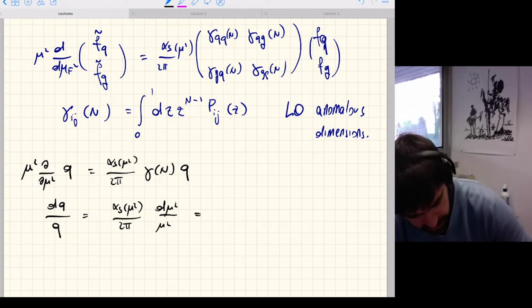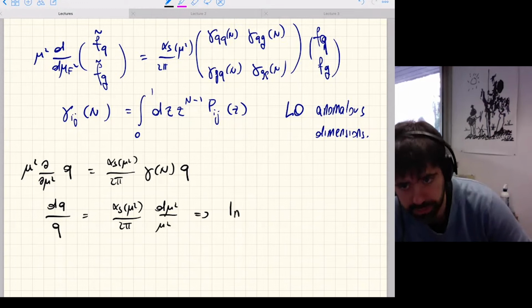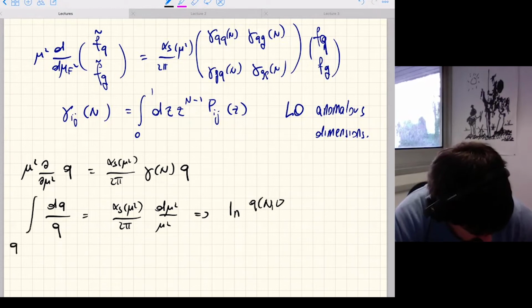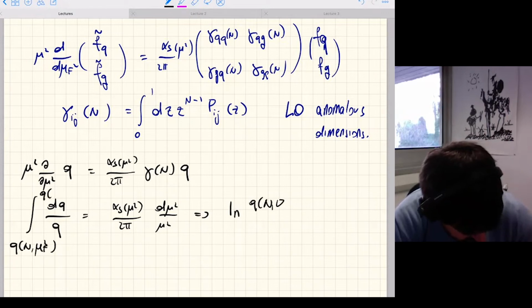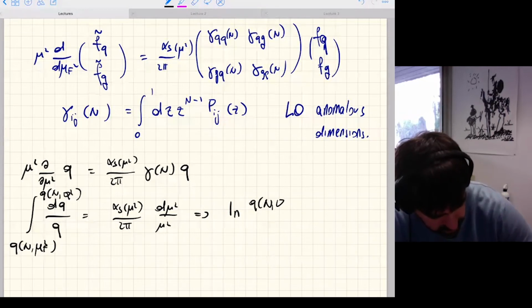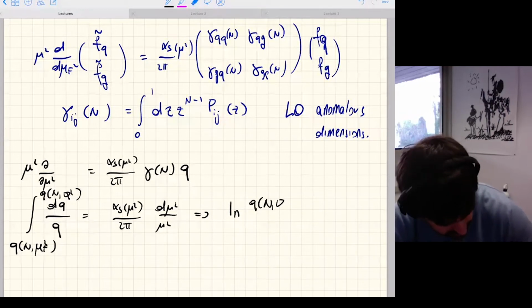So this gives you the log of, let me put the dependence now. So let's say I integrated between q of n and mu f squared and q of n and q squared. I don't know why I called it q, let's call it f.